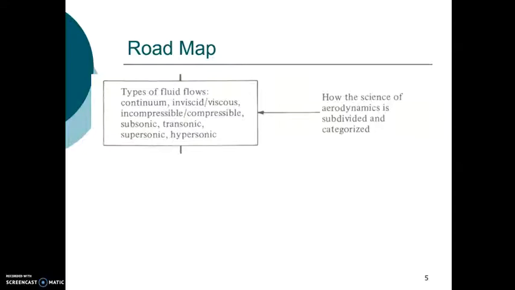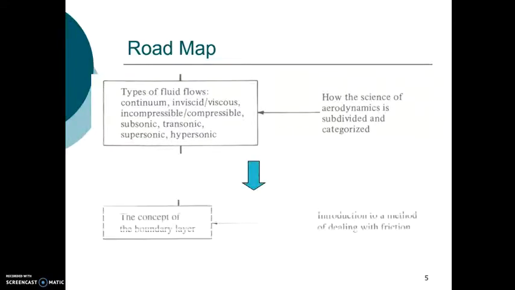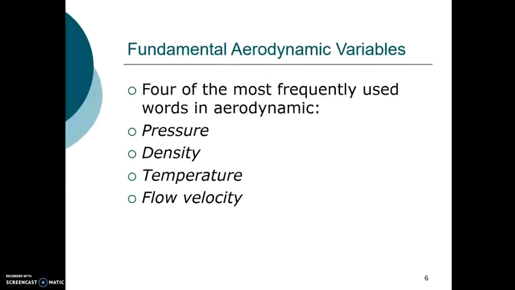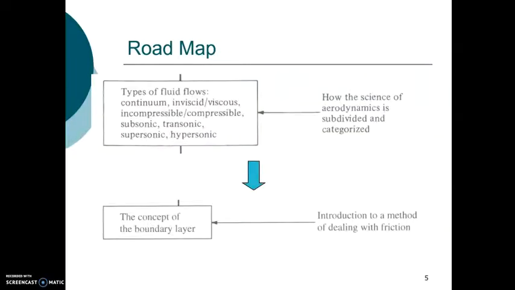That is essentially how we look at the subdivisions and categories in aerodynamics, and then we proceed to start looking at some viscous part of aerodynamics. That is, we look at the boundary layer and try to look at how friction is accounted for in the flow of fluids. So that's just a roadmap for this slide.